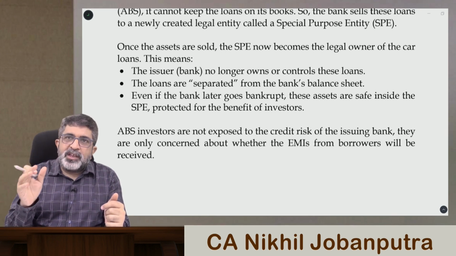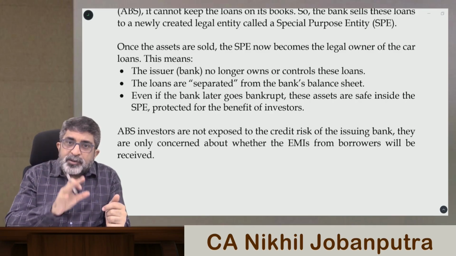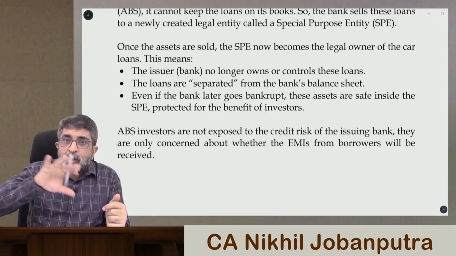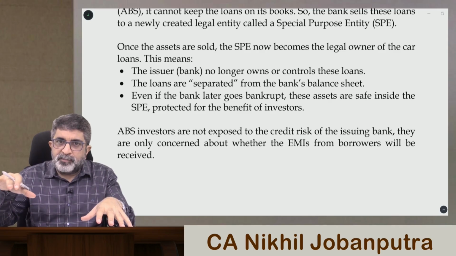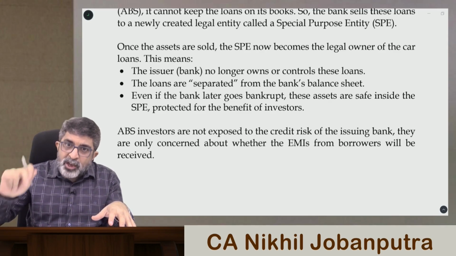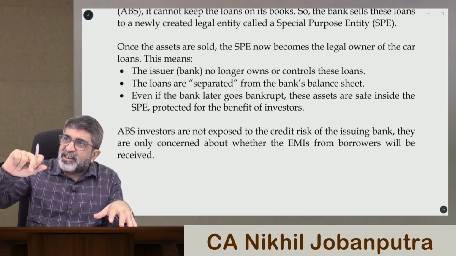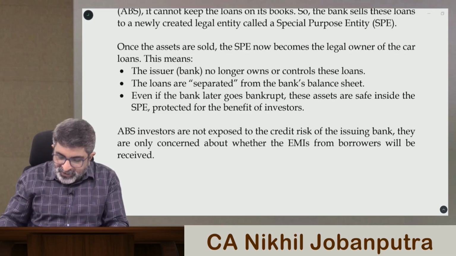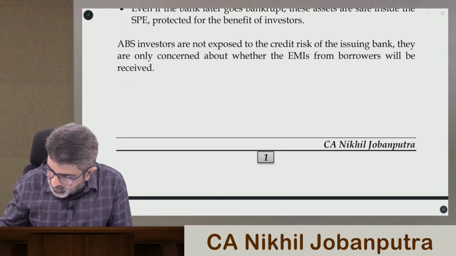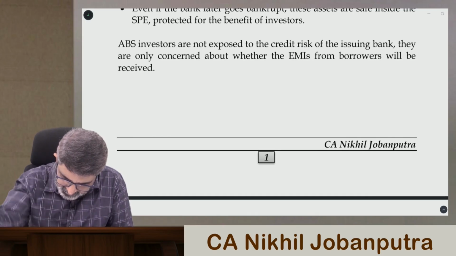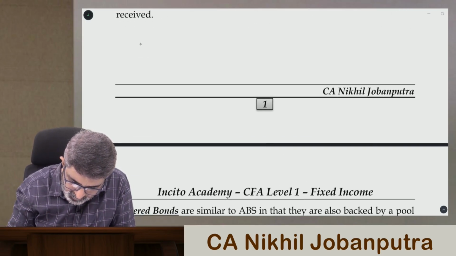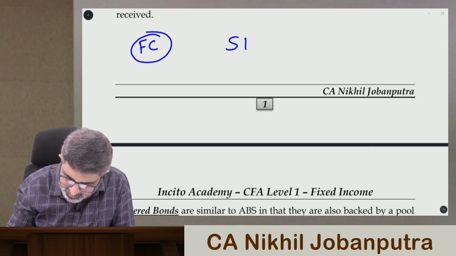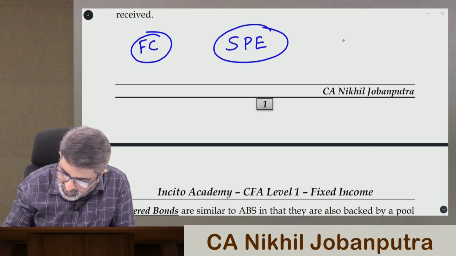So you understand one thing, that asset pool, because it is now separated from that bank or finance company, and then on the backing of that asset pool, it is the SPE that is issuing securities. So please understand, one side we have the finance company, the originator, then we have the SPE, and then we have ABS investors.